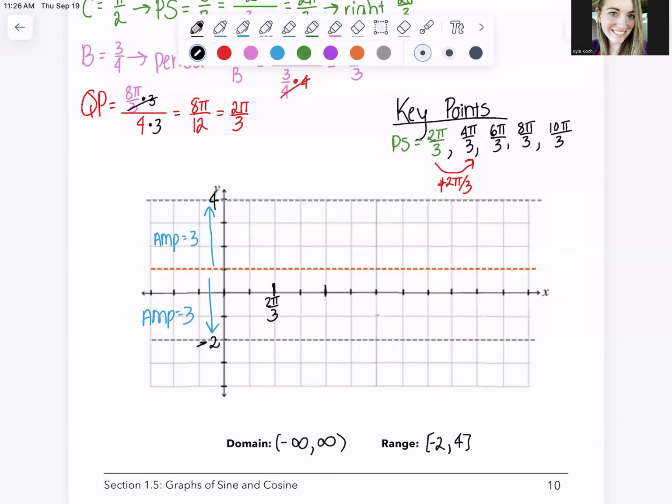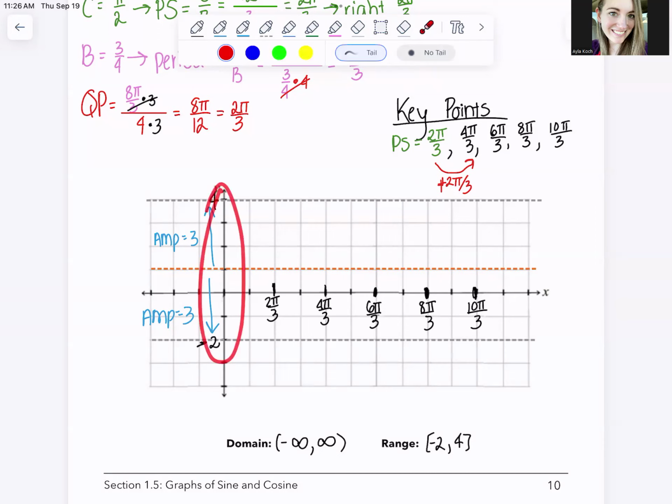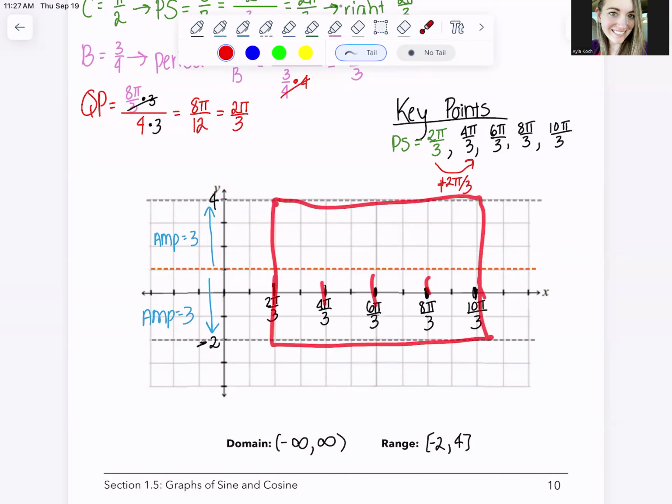And then 2 more later is 4 pi over 3, 6 pi over 3, these are just our key points, and 8 pi over 3, and 10 pi over 3. Be really careful here because it kind of feels like we should be starting here since these are labeled every 2. But we're actually looking at this being our period right here.